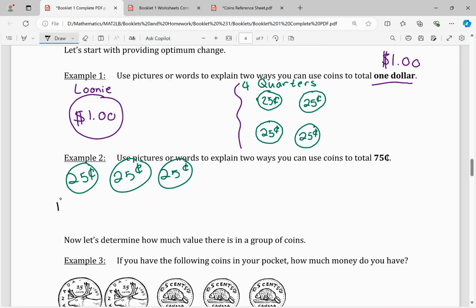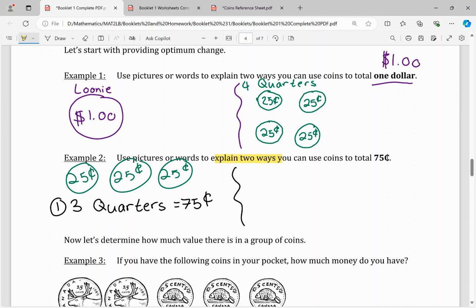So option 1 is 3 quarters, which equals 75 cents. Now, I need a different way because they asked us to explain in 2 different ways.